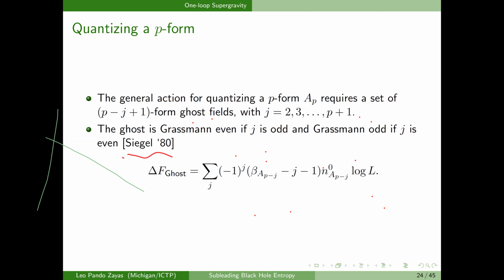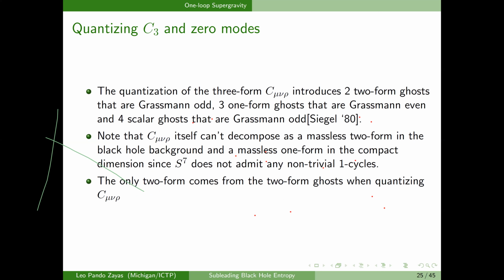So you have to keep going, changing the nature between Grassmann odd and Grassmann even, but essentially this is the answer to the problem of quantizing a p-form. You need to keep going with ghosts of ghosts. So again, summarizing, to quantize the 3-form in 11-dimensional supergravity, I need 2-form ghosts that are Grassmann odd, and 3 1-form ghosts that are Grassmann even, and 4 scalar ghosts that are Grassmann odd. That's essentially the answer to this question.